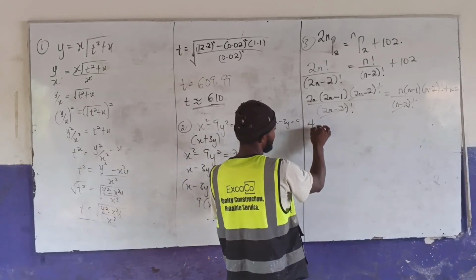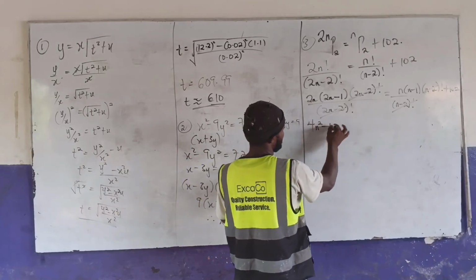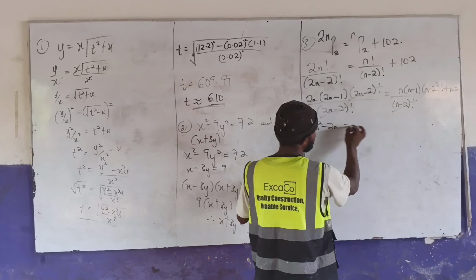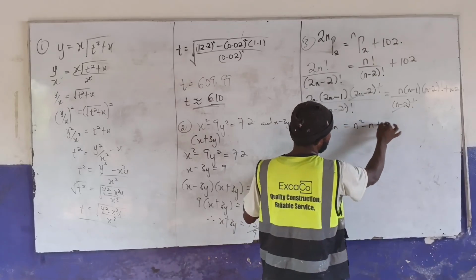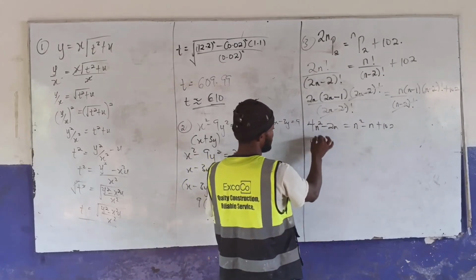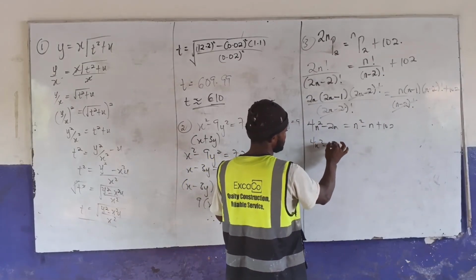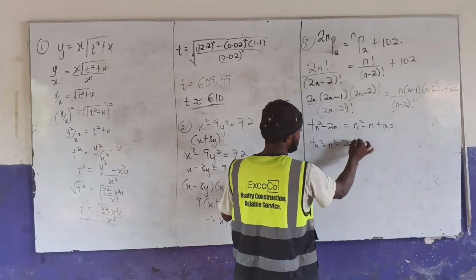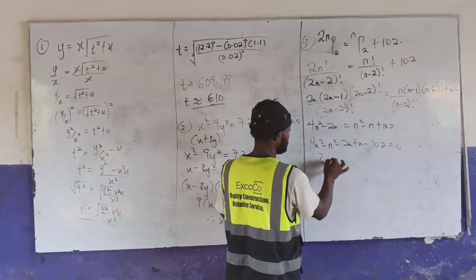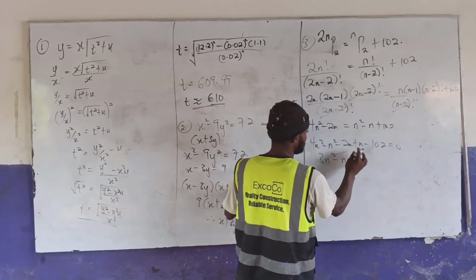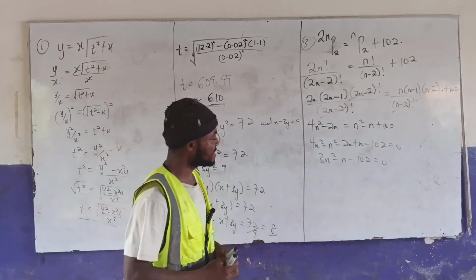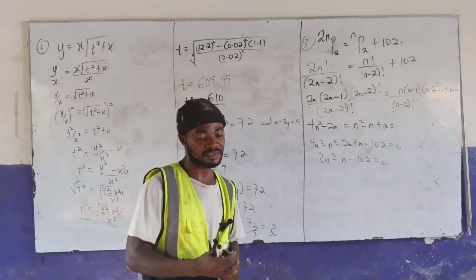Now I have 4n squared minus 2n equals n squared minus n plus 102. And so I have 3n squared minus n minus 102 is equal to 0.